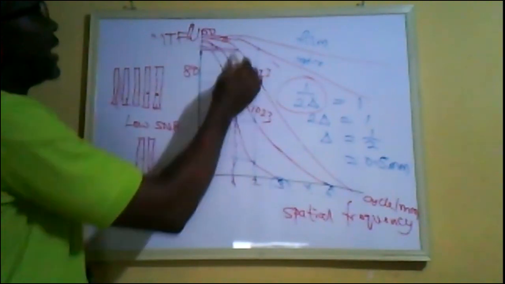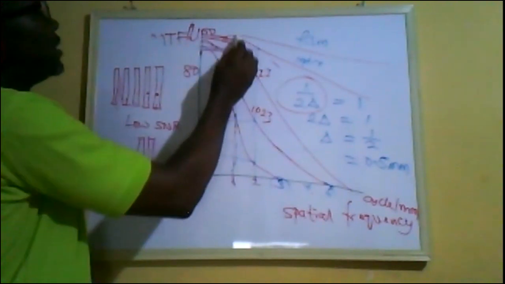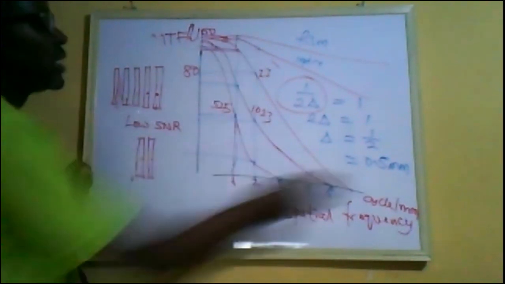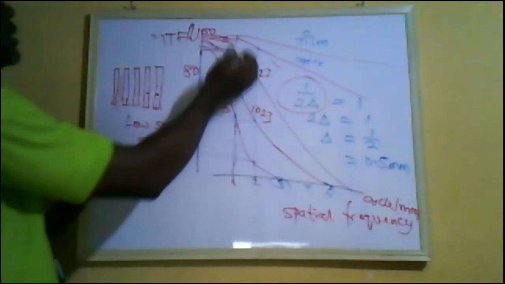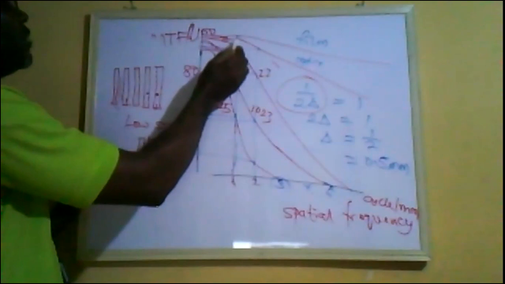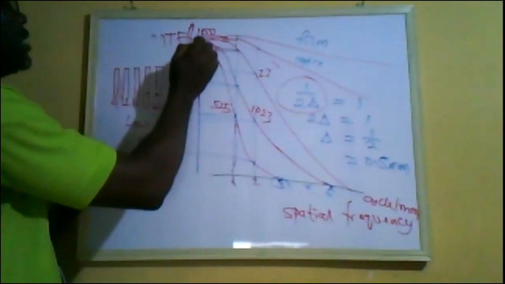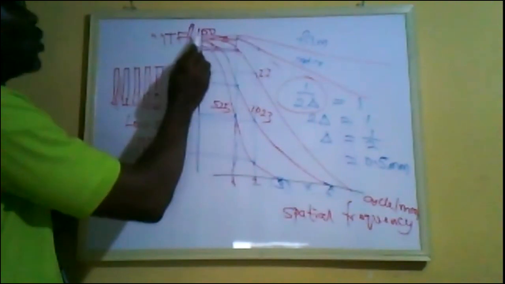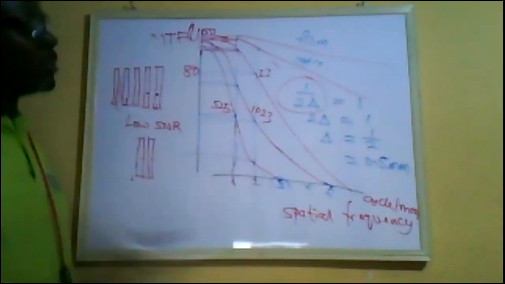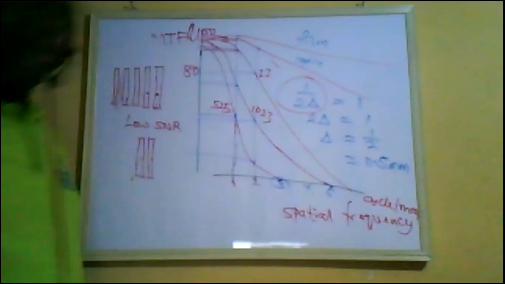So the II is not as wonderful in discriminating an object which is 0.5 millimeter. The best this one can give is maybe around 90 or so. But film gives close to 100 for that same object which is 0.5 millimeter.